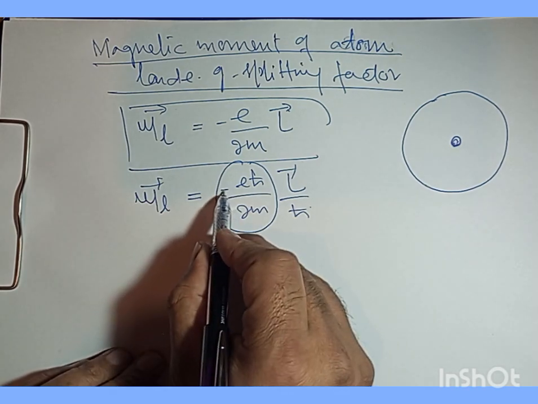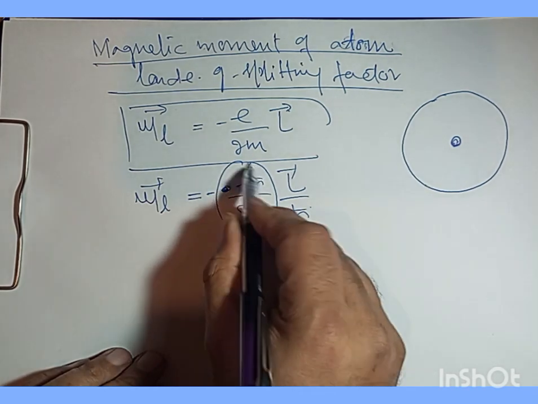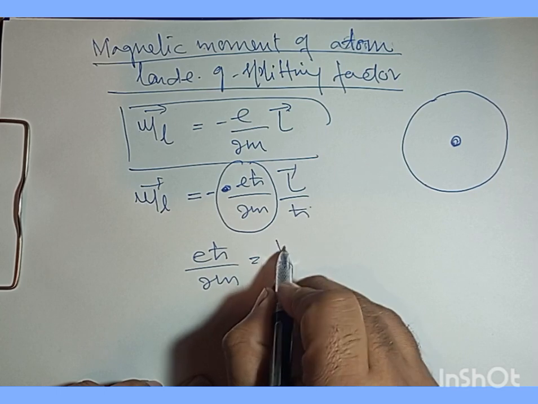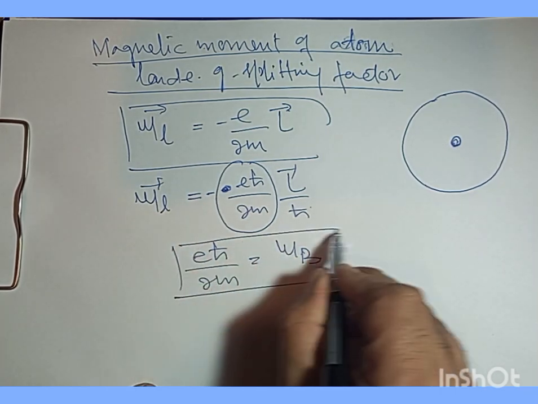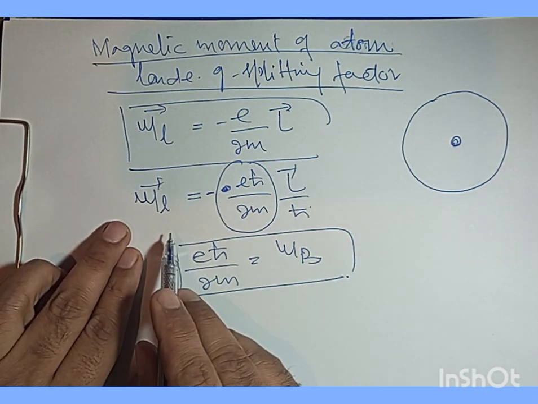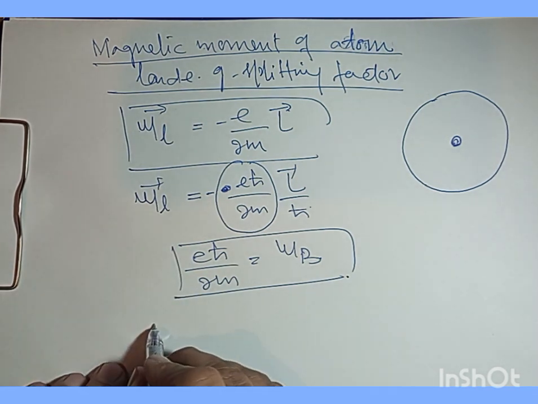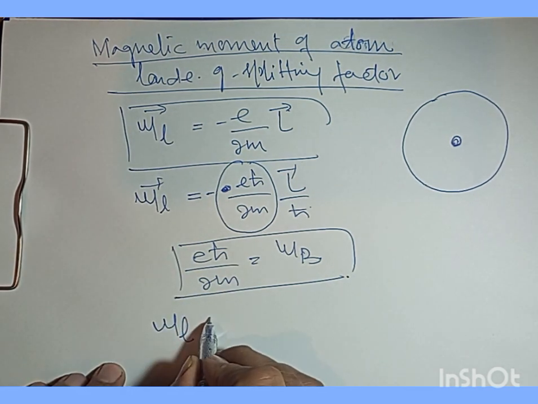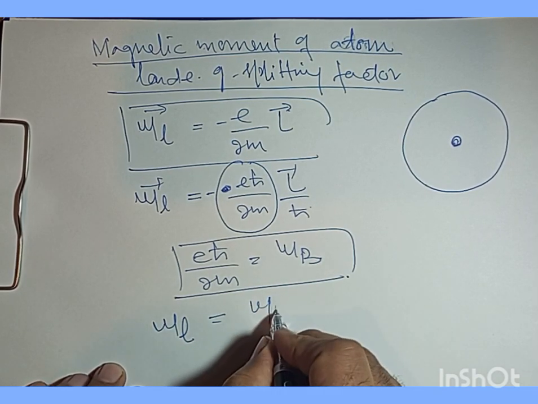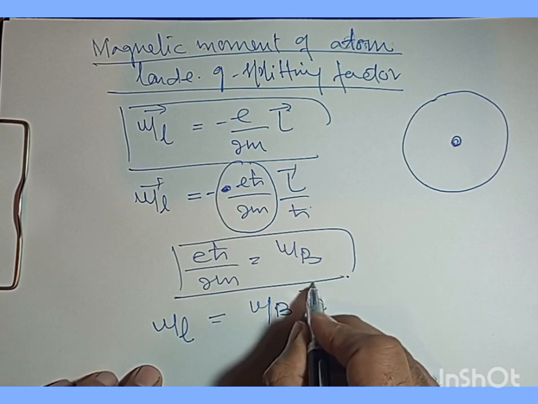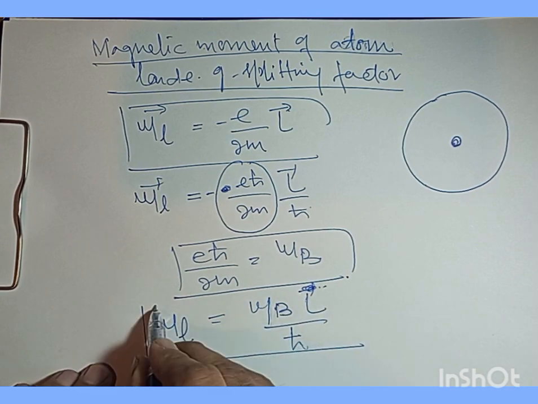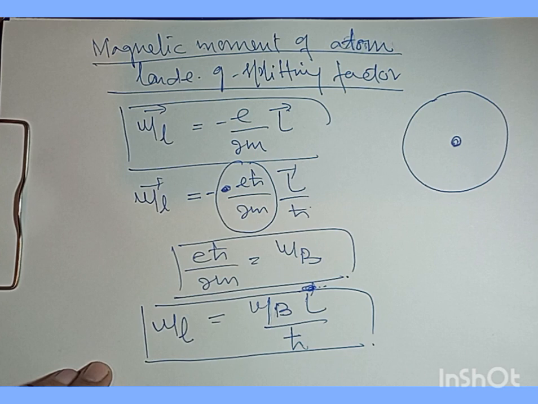So I should take this negative out, and this whole term, e h cross by 2m, is the Bohr magneton, symbolized as mu B. So if I write down the magnitude of the orbital magnetic moment, mu L, that's going to be mu B times L by h cross. So this is the magnitude of the orbital magnetic moment.